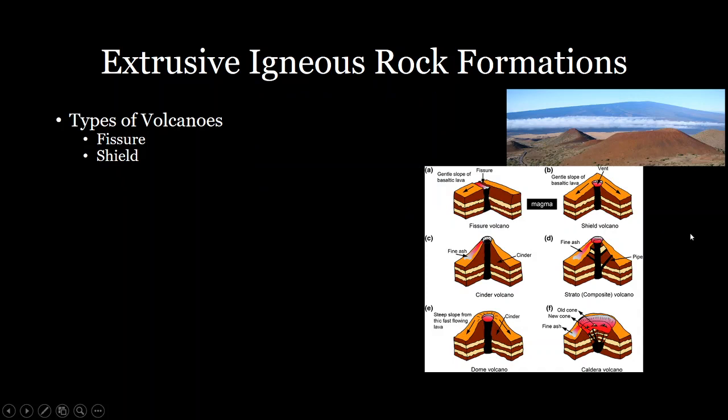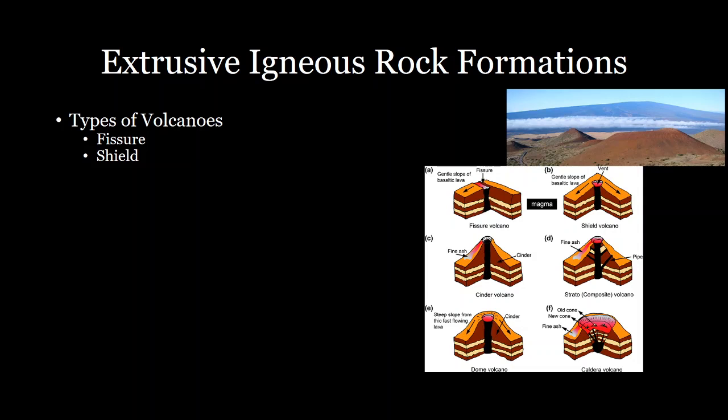The next type of volcano is a shield volcano. So shield volcanoes, like this one in Hawaii, pretty much the entire island of Hawaii is a shield volcano, form very broad mountains. They're very low slope and they can extend out very far.